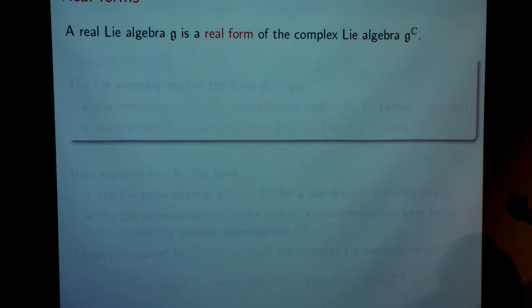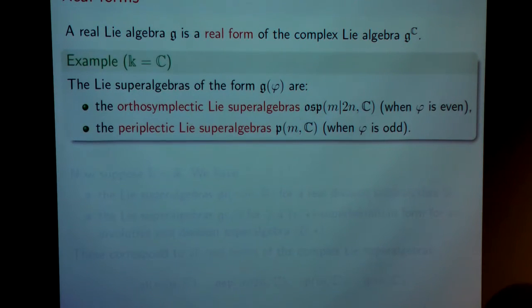If you have some complex Lie algebra or Lie superalgebra, a real form is some real Lie superalgebra such that when you complexify it, you get back the complex one. So if you take the complex numbers, then the Lie superalgebras you get from these super Hermitian forms are precisely the orthosymplectic Lie superalgebras. That's the case when you pick an even form. And the periplectic Lie superalgebras. That's the case where you pick an odd form.